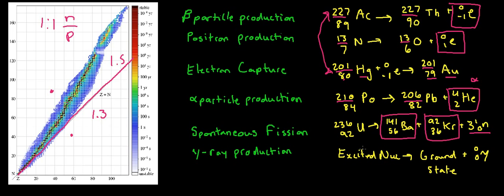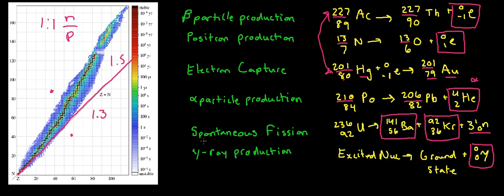It's very similar to the way an electron can become excited and reach a higher energy level. And in order to get down from that energy level, it releases a photon. It's the same thing with the nucleus. It's in an excited state, and then it releases high energy photons or gamma rays and goes back down to the ground state.